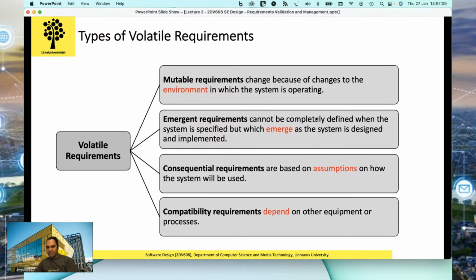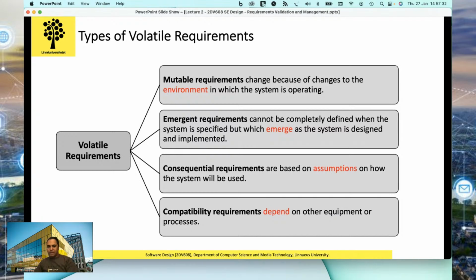Then there are also consequential requirements. Sometimes you make some assumptions about the system, and if your assumption changes over time, or if you later find out that the assumption you made was not correct, those requirements are consequential requirements.